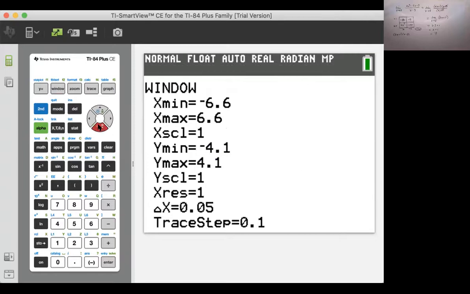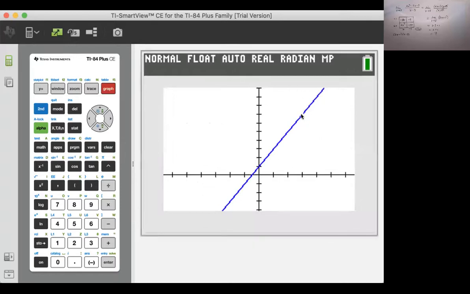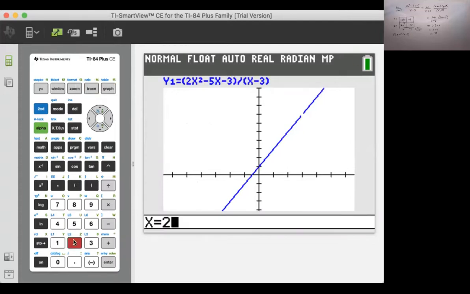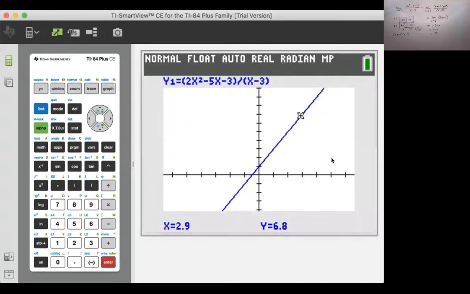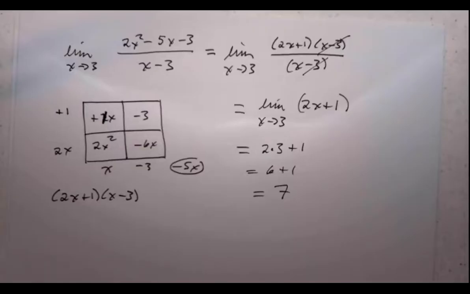So I will change the y max to 10. And notice we have that hole there. The hole shows up on the graphing calculator. But as I get close, for example, trace at 2.9, you can see the y values are getting pretty close to 7 from the left as well as from the right. Okay, let's take a look at another example.